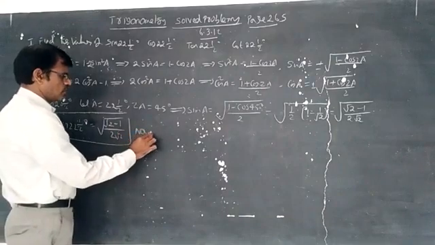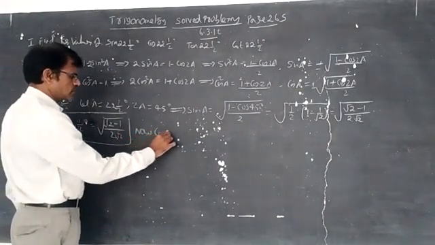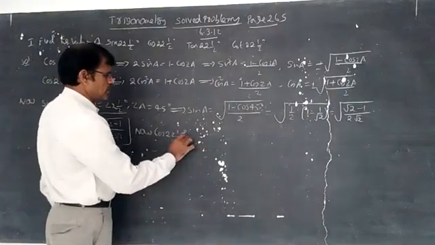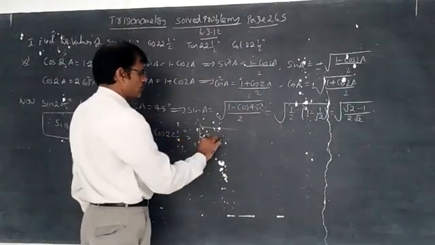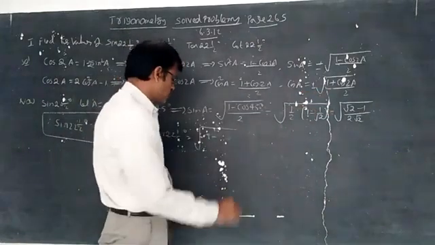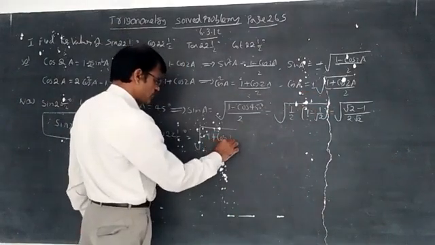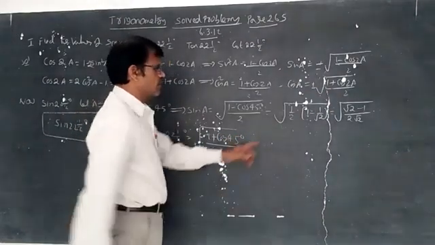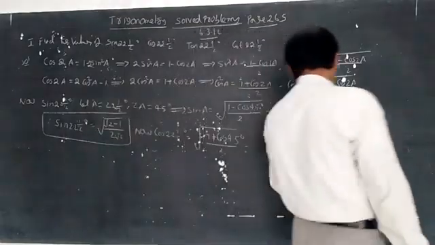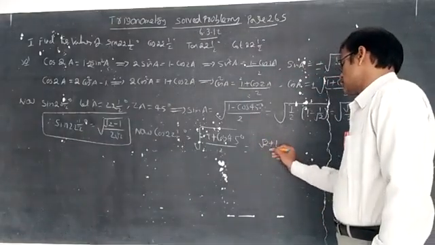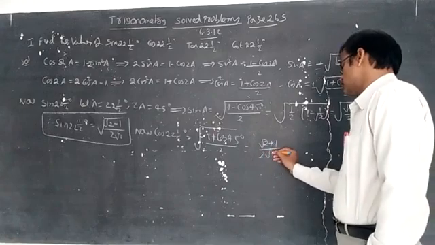Now, cos 22.5. Using this formula, root of (1 plus cos 2a) by 2. So 1 plus cos 45 by 2. In the similar way, 1 by 2 into 1 plus 1 by root 2. So directly you can write this one as (root 2 plus 1) by 2.